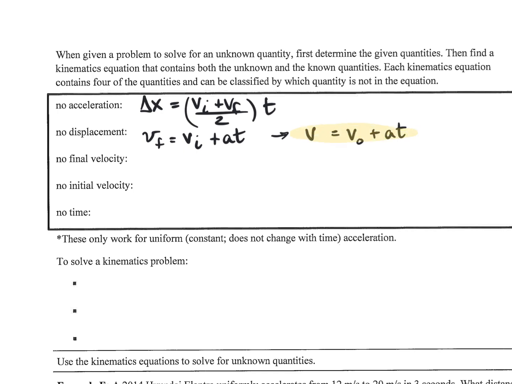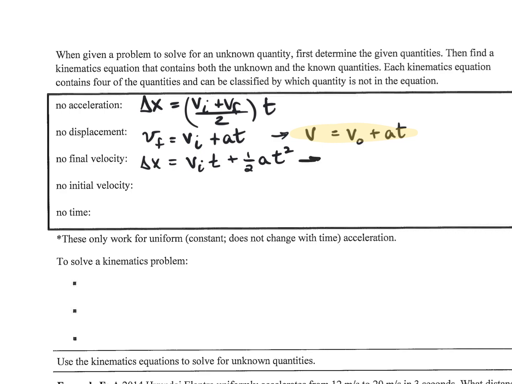Okay? Now, the next equation is delta x, the change in position, that would be delta x, wouldn't it? Equals V initial t plus 1/2 AT squared.